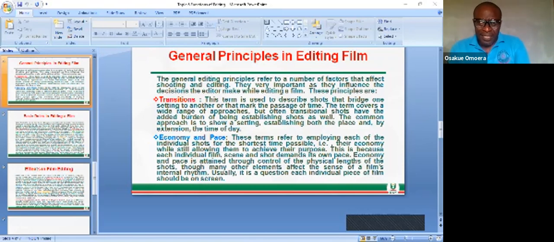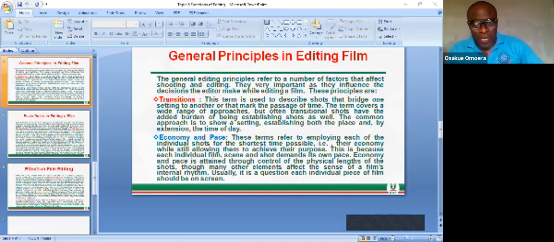Then, of course, we have the economy and pace. These terms refer to employing each of the individual shots for the shortest time possible, that is, their economy, while still allowing them to achieve their purpose. This is because each individual film, scene, and shot demands its own pace.